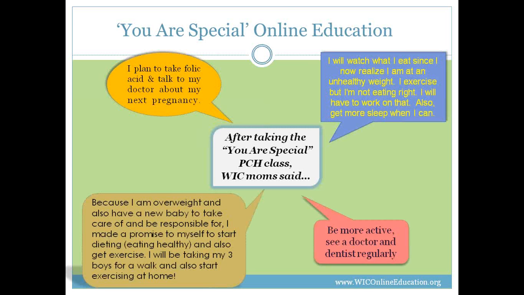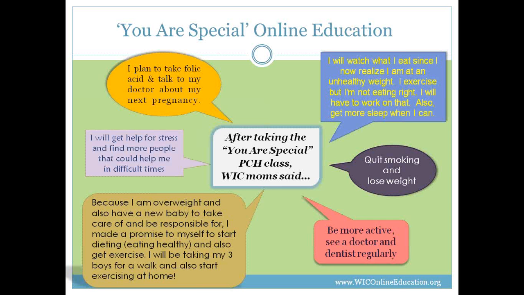And this mom said, because I am overweight and also have a new baby to take care of and be responsible for, I made a promise to myself to start dieting or eating healthy and also get exercise. I will be taking my 3 boys for a walk and also start exercising at home. One said she wanted to quit smoking and lose weight. And another says she will get help for stress and find more people that could help her during difficult times.